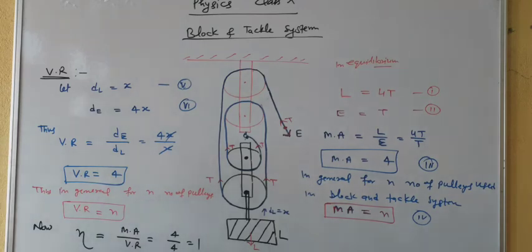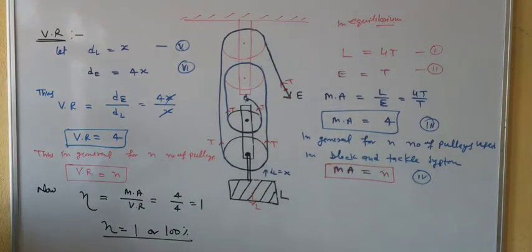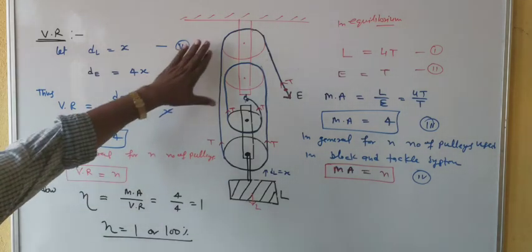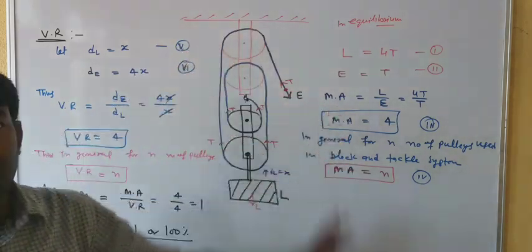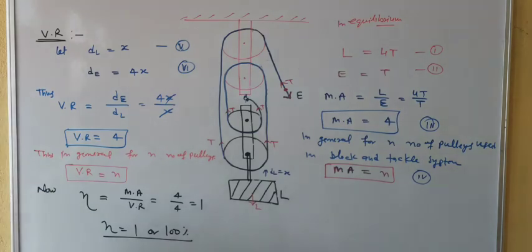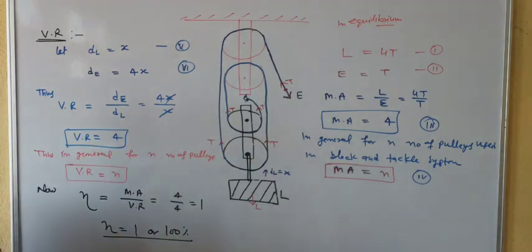I hope all these things are quite clear to everyone, how we use the block and tackle system, what the mechanical advantage in the block and tackle system is, and what the velocity ratio and its efficiency are.